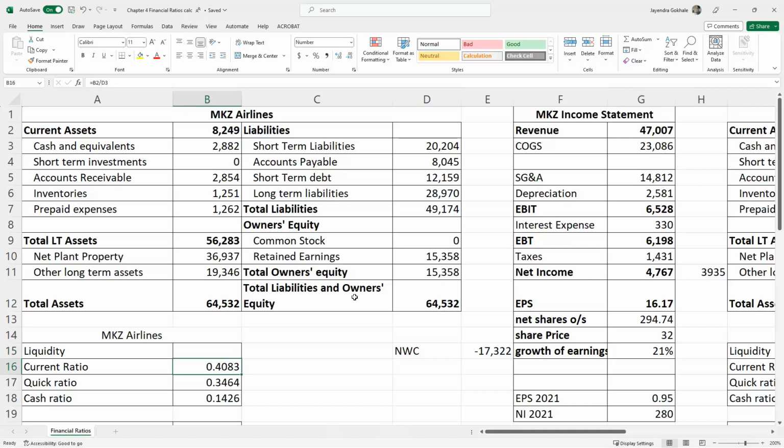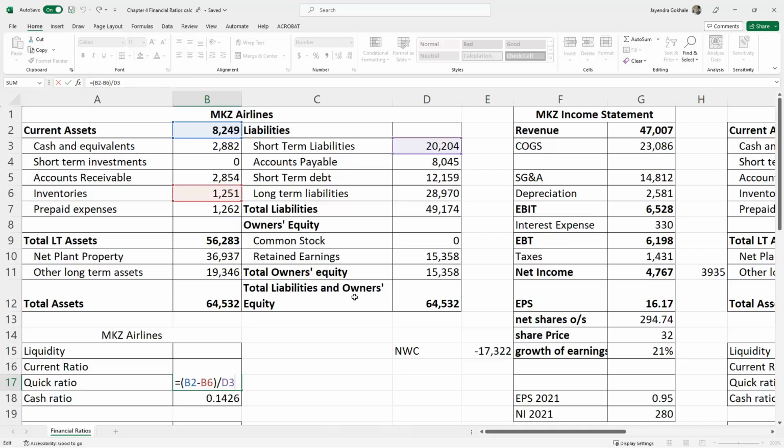So here we go. Current ratio is a ratio of current assets to current liabilities. Current assets are 8,200 and current liabilities are 20,200. The ratio is approximately 0.4. The quick ratio is current assets minus inventories, 8,200 minus 1,200 divided by short-term liabilities.